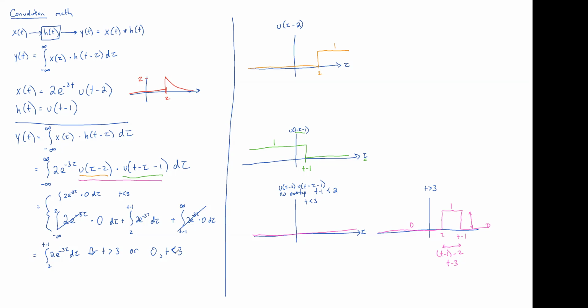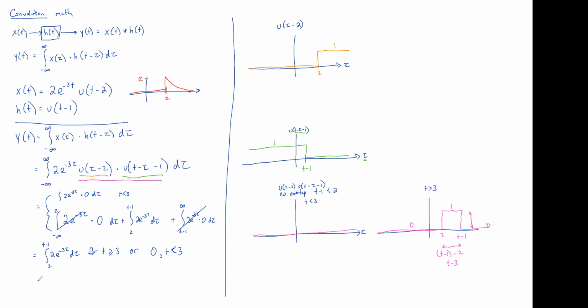And it doesn't matter where we put our equal sign, because at exactly 3, we can consider it either all 0 here, which will be multiplying our integral by 0, so our answer is 0, or it'll be a top hat of height 1 and width 0, and if you multiply 1 by 0, it's also an area of 0. So we can put our equal sign either side, and we'll be correct.